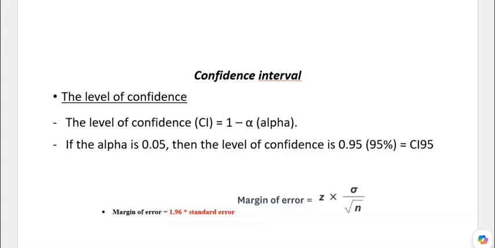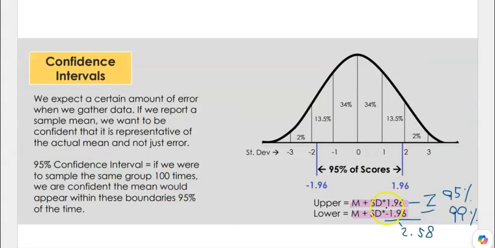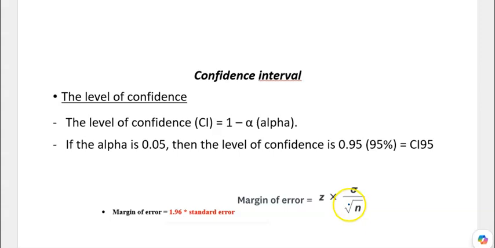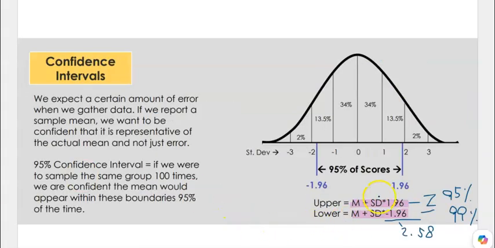Okay, and another way, as I told you, the confidence interval you can obtain this way: the mean plus or minus the standard deviation multiplied by 1.96.